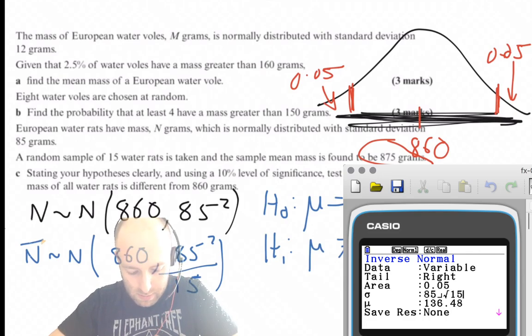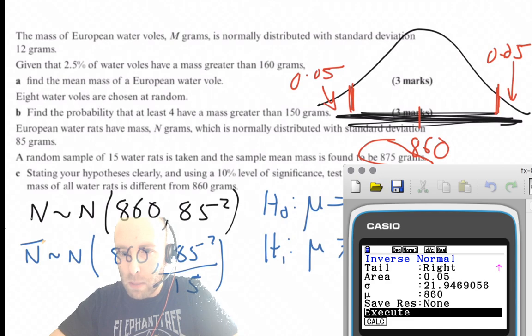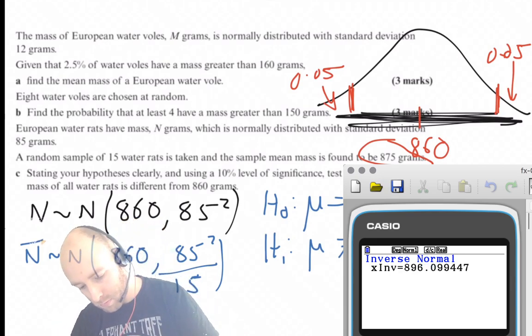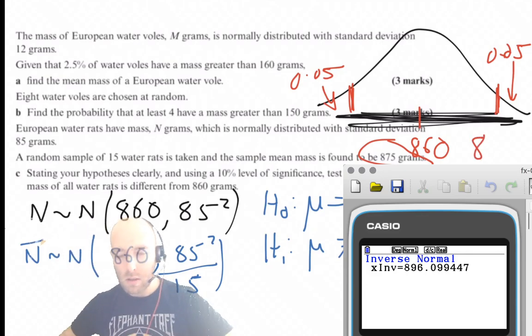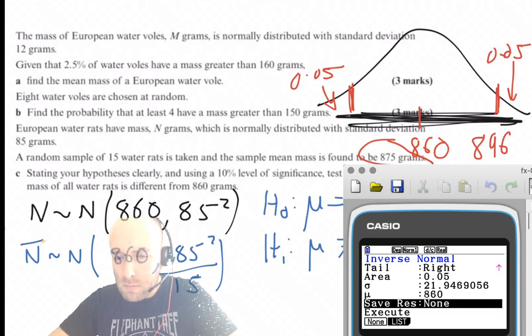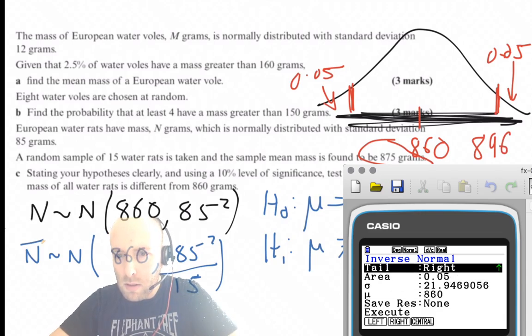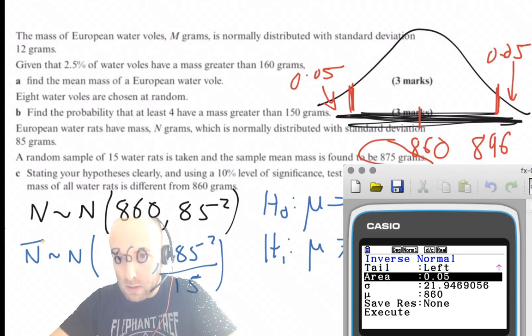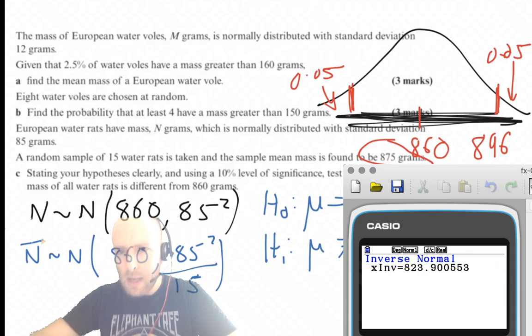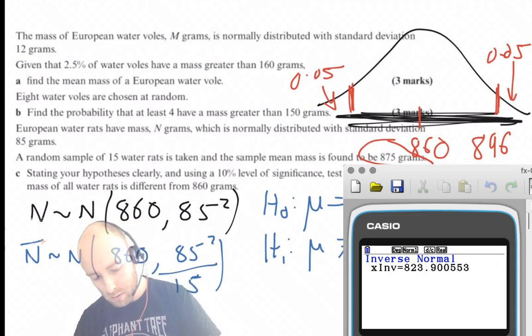And mu is 860. Cool. So my upper value is going to be 896. My lower value, if we do the lower tail, everything else is the same there. So let's execute that one. 823.9.